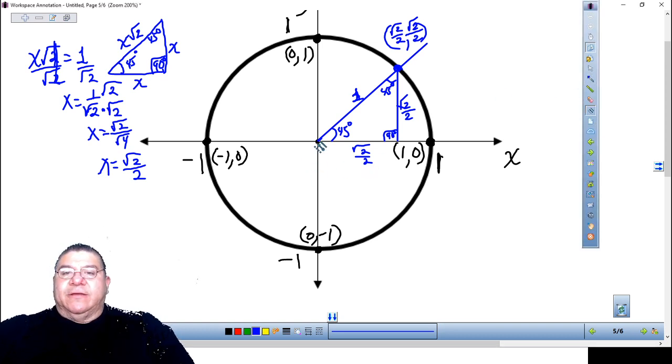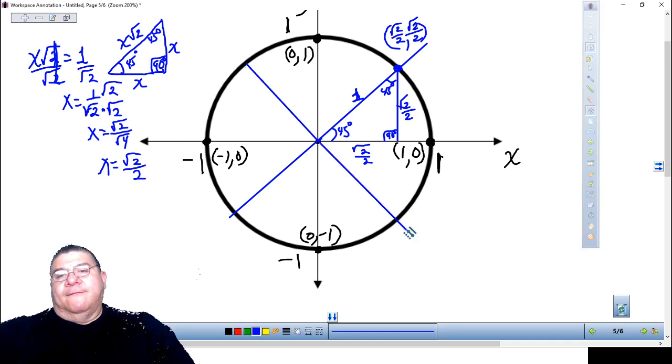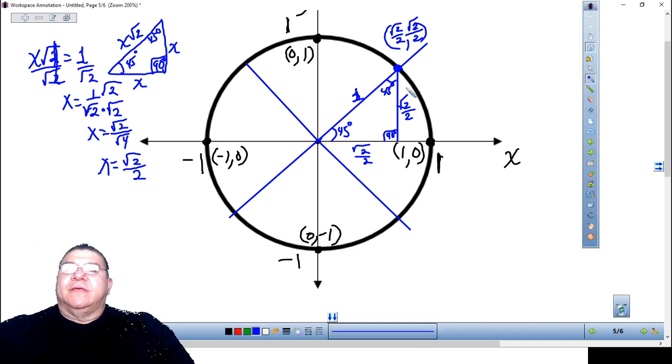Alright, since we already started with 45-degree angles, check this out. I'm going to make some more angles. Here's another 45, another 45, and another 45. Okay, so question. If this coordinate was negative square root of 2 over 2 and square root of 2 over 2, what would this point be?